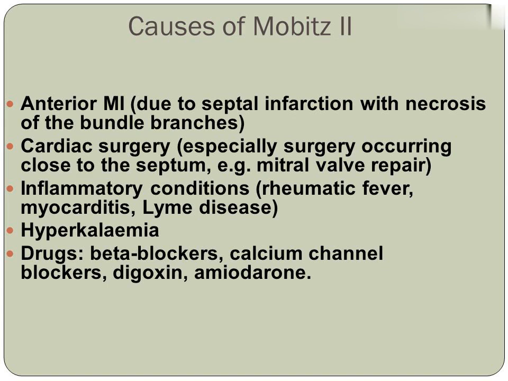While Mobitz I is usually due to a functional suppression of AV conduction, for example due to drugs, reversible ischemia, Mobitz 2 is more likely to be due to structural damage to the conducting system, for example infarction, fibrosis, necrosis. Patients typically have a pre-existing LBBB or bifascicular block, and the 2nd degree AV block is produced by intermittent failure of the remaining fascicle, bilateral bundle branch block.